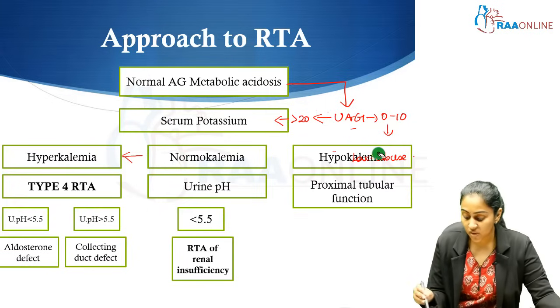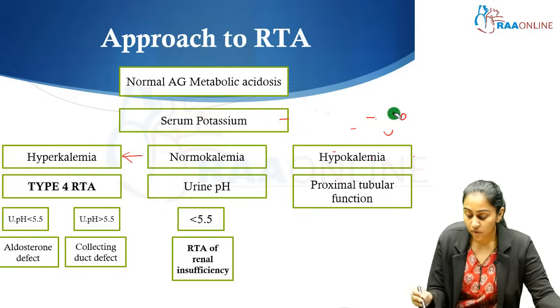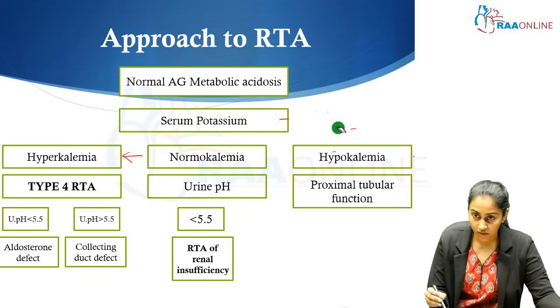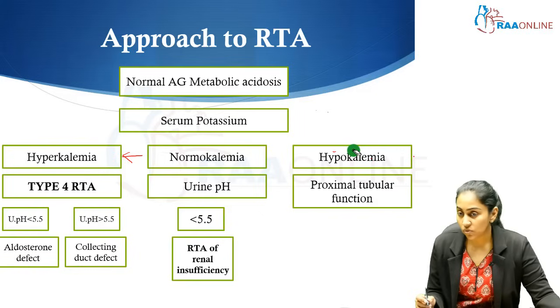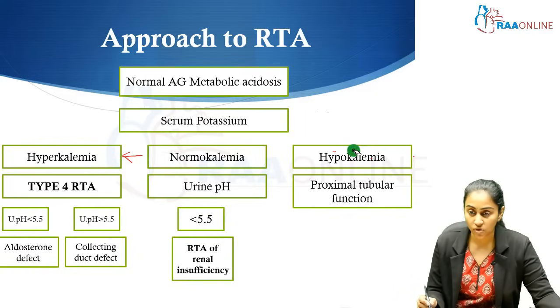Then finally, when your patient has hypokalemia, what are you going to do? You have two possibilities. Either you could be looking at a distal renal tubular acidosis or a proximal renal tubular acidosis. One easy way to delineate between the two would be to look at the proximal renal tubular function and at the presence of hypercalciuria, nephrolithiasis and nephrocalcinosis.